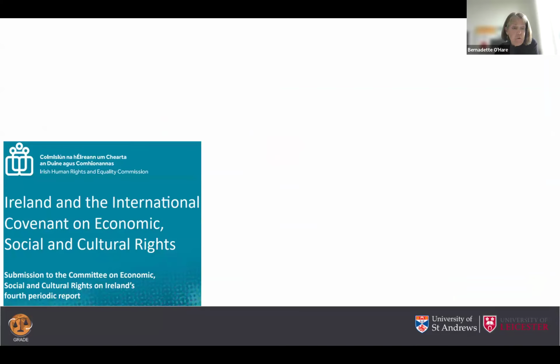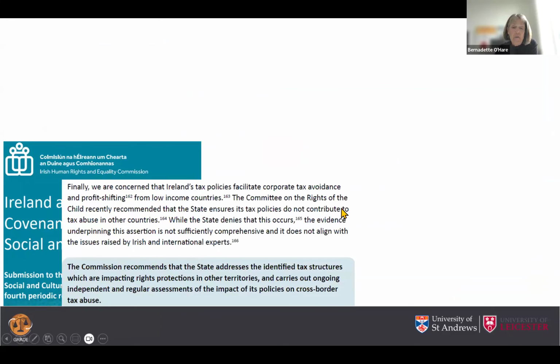And this isn't the end of the story. In 2024, the Irish Human Rights and Equality Commission took a very unusual step of also raising the issue of Irish tax policies with respect to their extraterritorial obligations and their impact on human rights in other countries, and again asked for an ongoing and independent analysis.